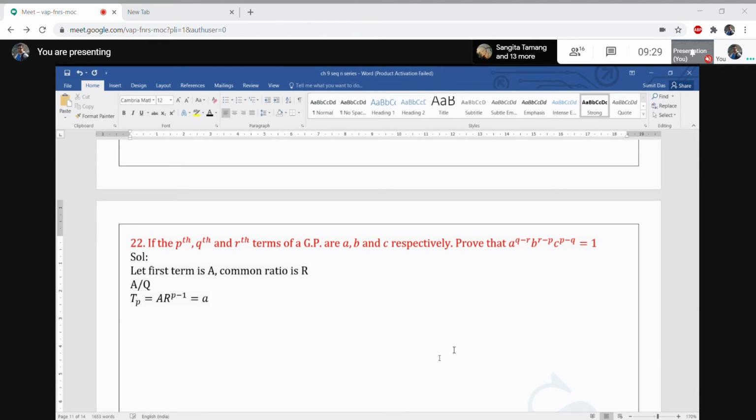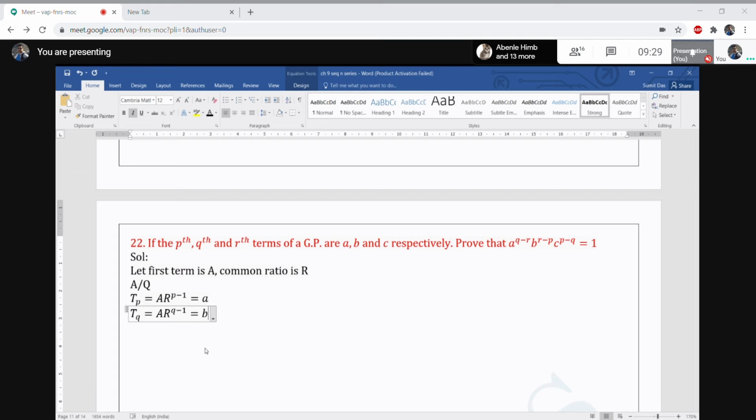Similarly, we'll find all the terms. The qth term is given. The qth term will be A R to the power q minus 1, which is equal to b.